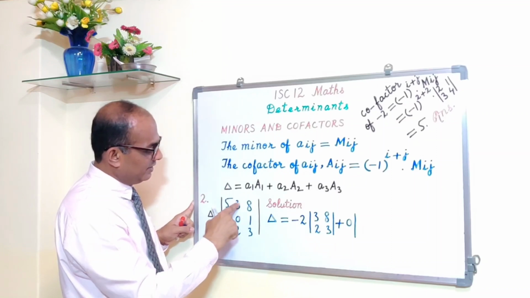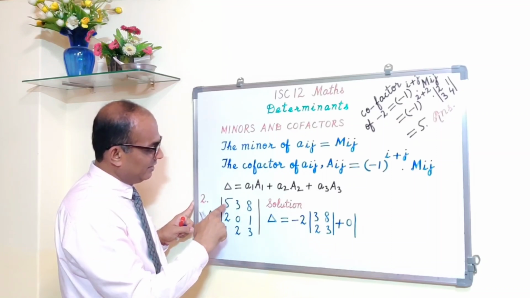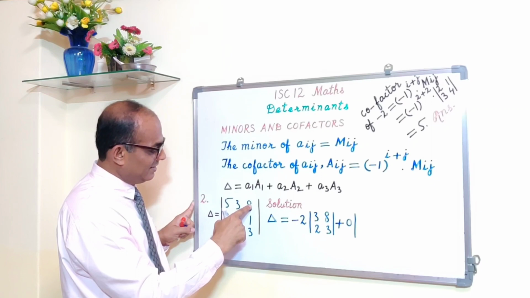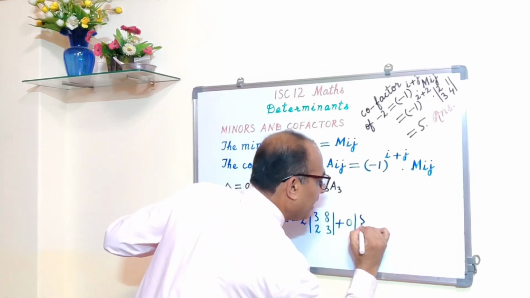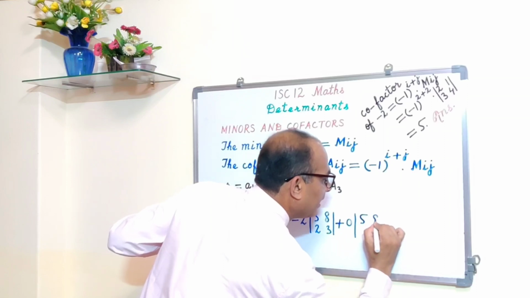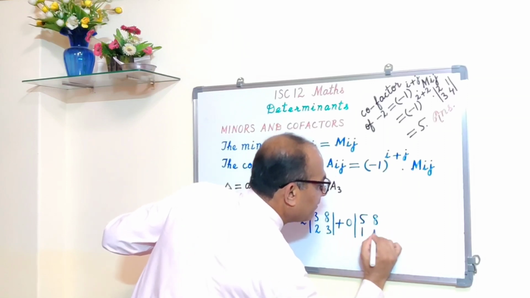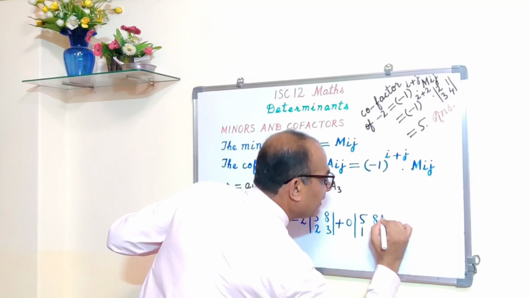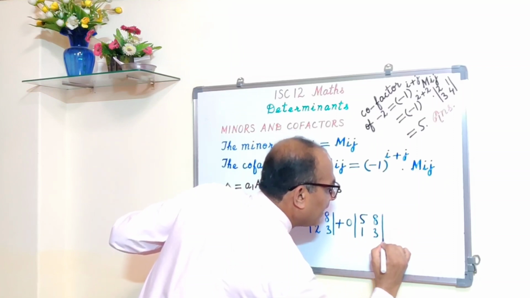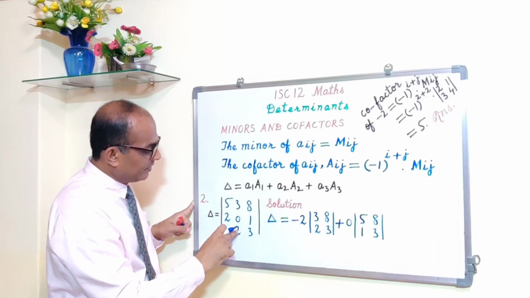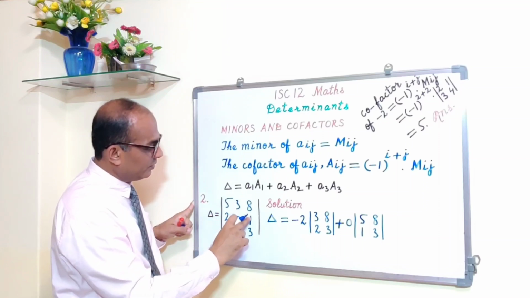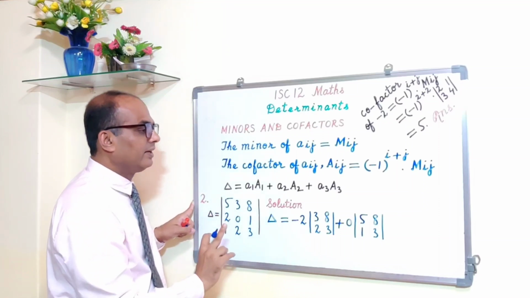This row goes and this column goes. So we are getting 5, 8 and 1, 3. Right?